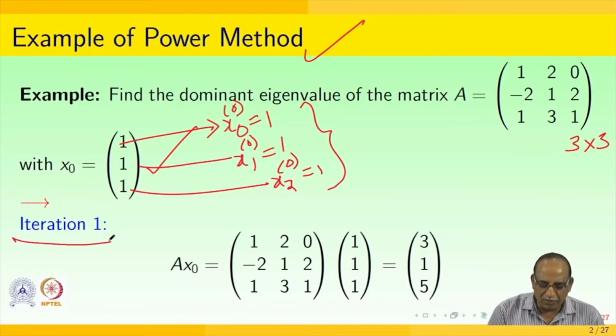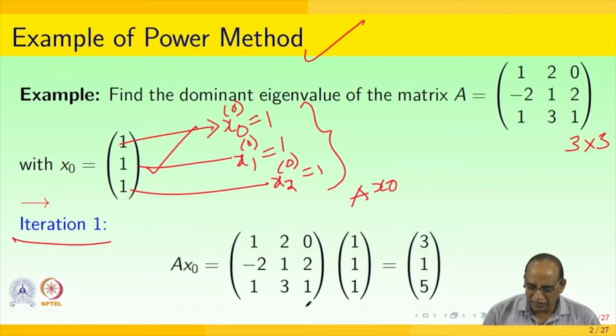Look at this first iteration. A times x naught: A is a 3 by 3 matrix, and this is a 3 by 1 column, so ultimately I get a 3 by 1 result.